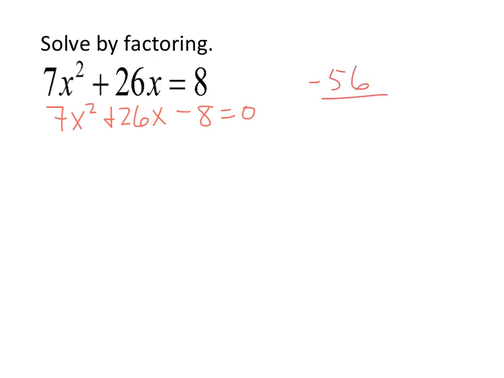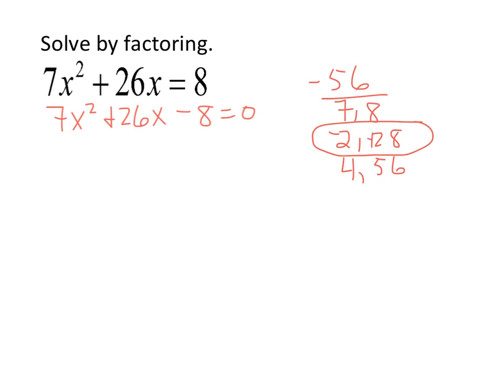Factors of -56 include 7 and 8, 2 times 28 is also 56, and 4 times 14 is 56. The pair that gives me +26 is a -2 and a +28.